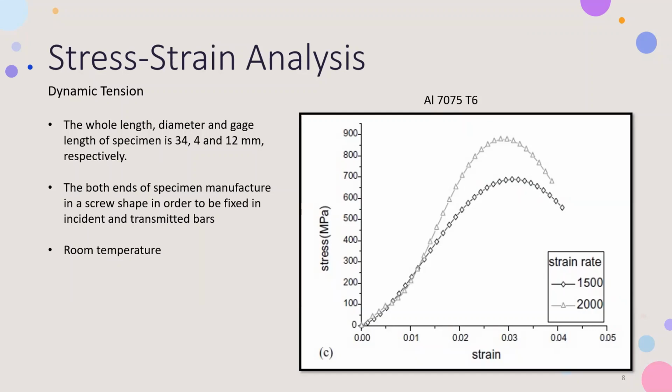And this specimen was tested at room temperature. As we can see here, there are two graphs for different strain rates. This one is for 2000 per second, and this one is for 1500 per second. We can see there are some changes, actually important changes. And we can go with the next slide, I guess.